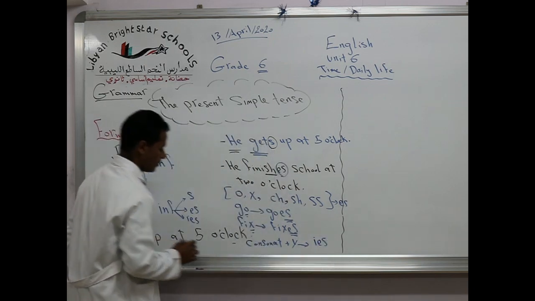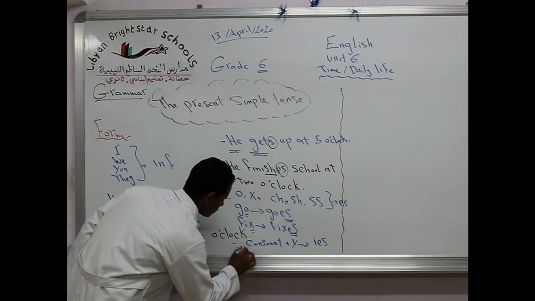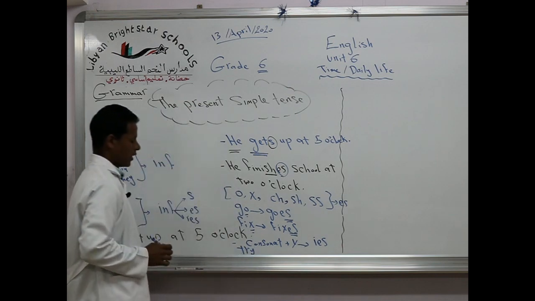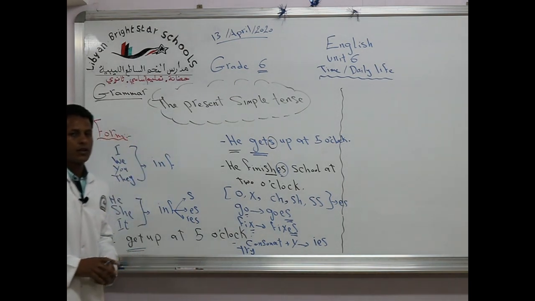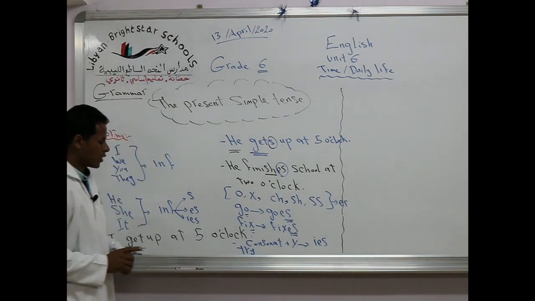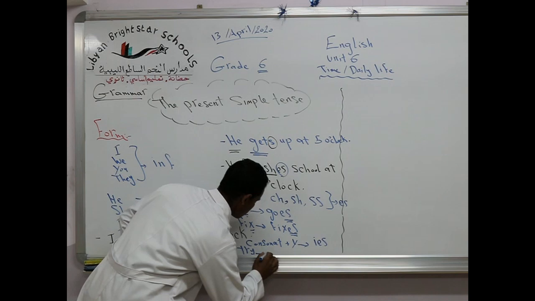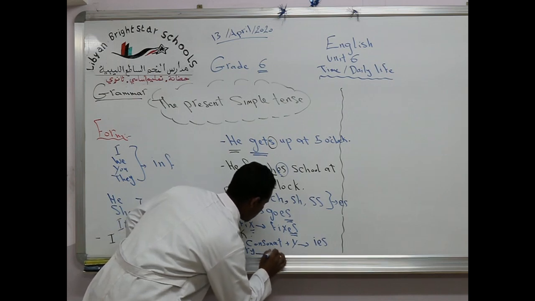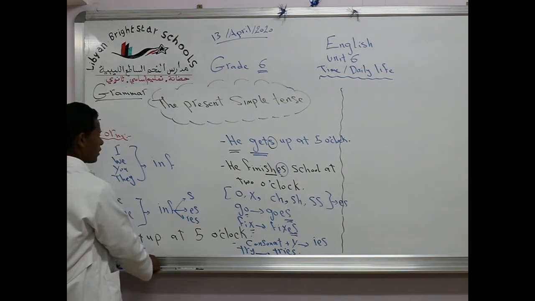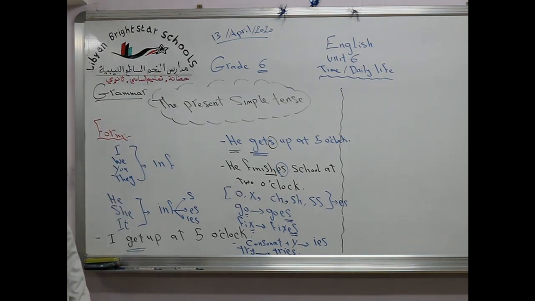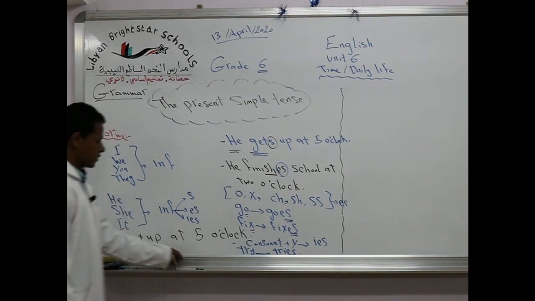For example, try. It ends with the letter y preceded by the letter r, a consonant, so we remove the y and add ies. That's about the affirmative sentence.